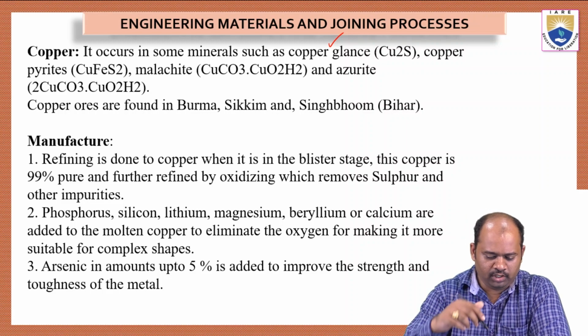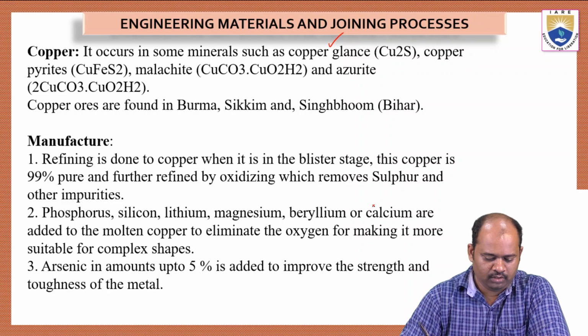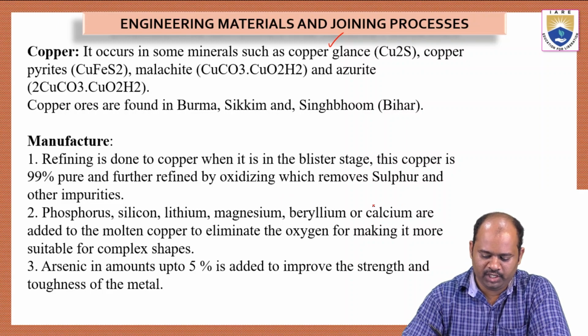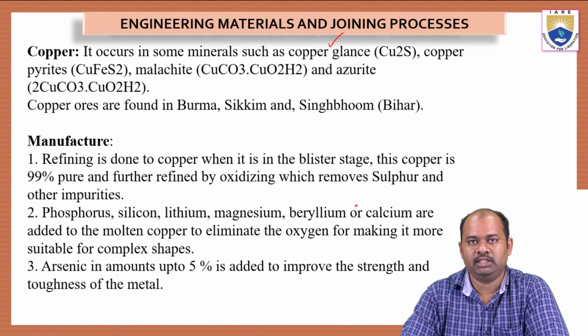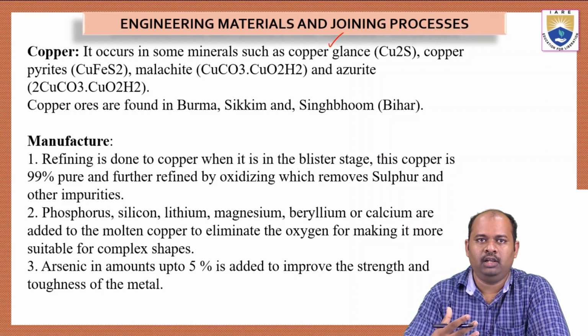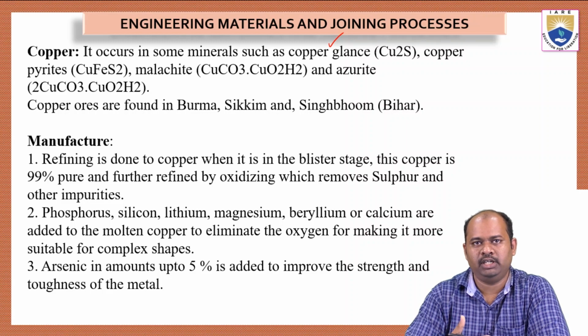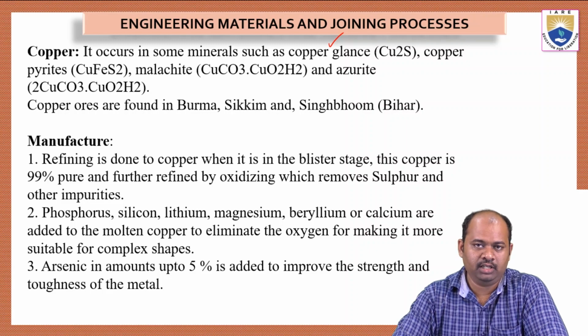Then phosphorus, silicon, lithium, magnesium, beryllium or calcium are added to molten copper to eliminate the oxygen, making it more suitable for complex shapes. So in order to remove oxygen from the copper, we have to add materials like phosphorus, silicon, lithium, magnesium, beryllium or calcium.